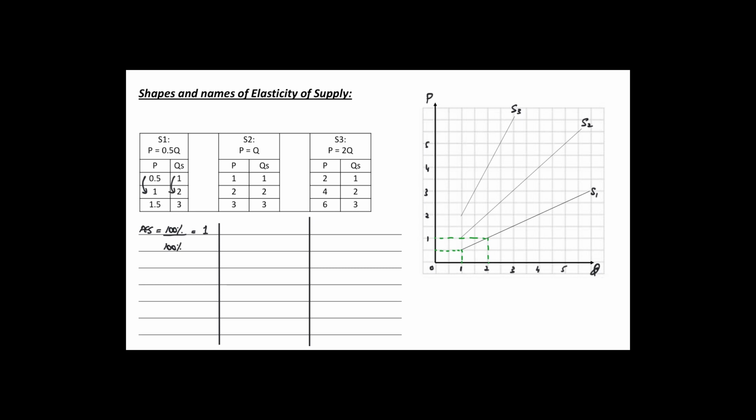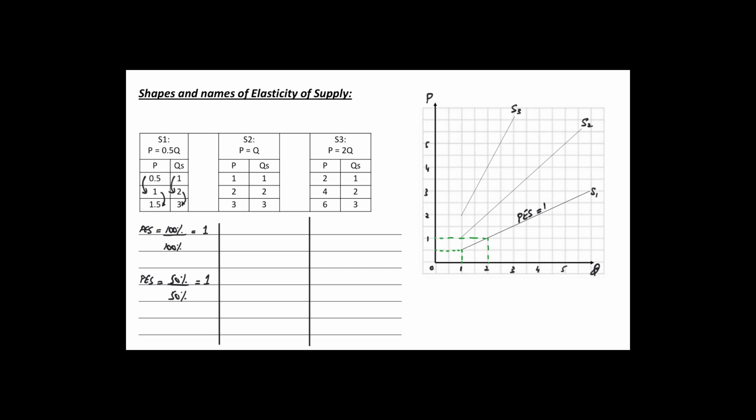Now we're going to see if PES is equal to 1 at 1.5: that's about a 50% change in price and about a 50% change in quantity, and we're getting 1. So the price elasticity of supply for my first diagram is equal to 1 throughout, for every change in the price.